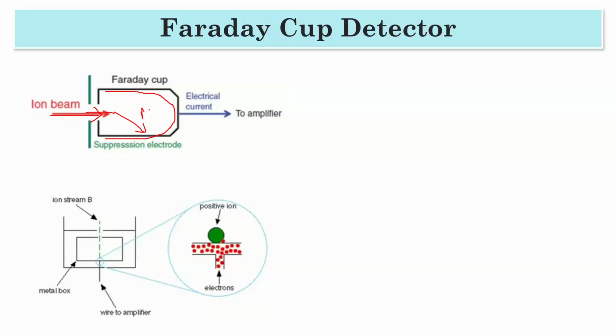Suppose you have M plus and it hits the surface. This molecular ion will be neutralized, right? One electron will go from this electrode, and because of that loss of electron, there will be generation of electric current.